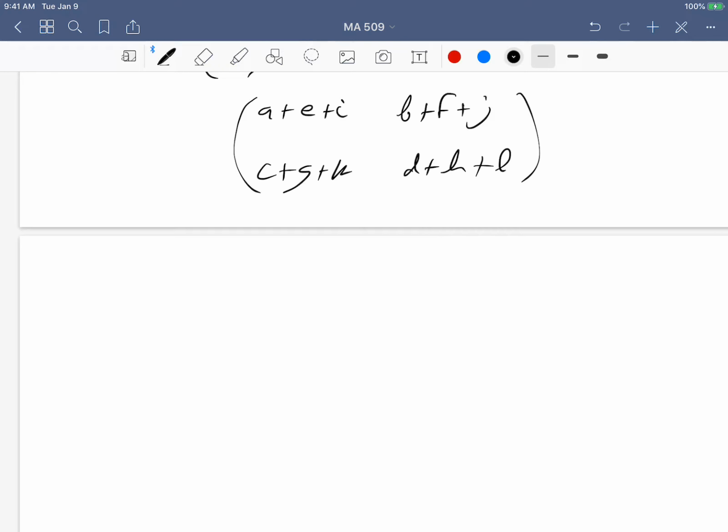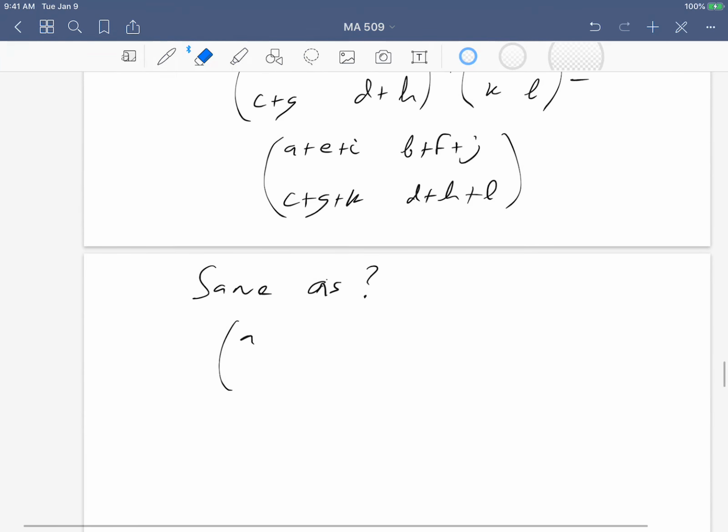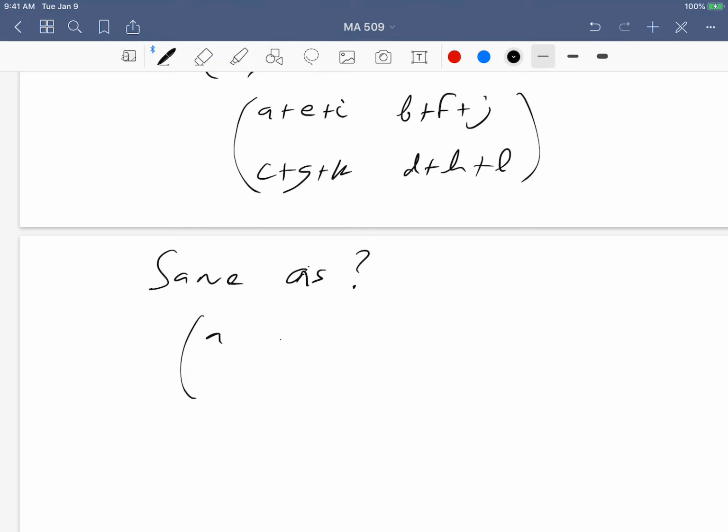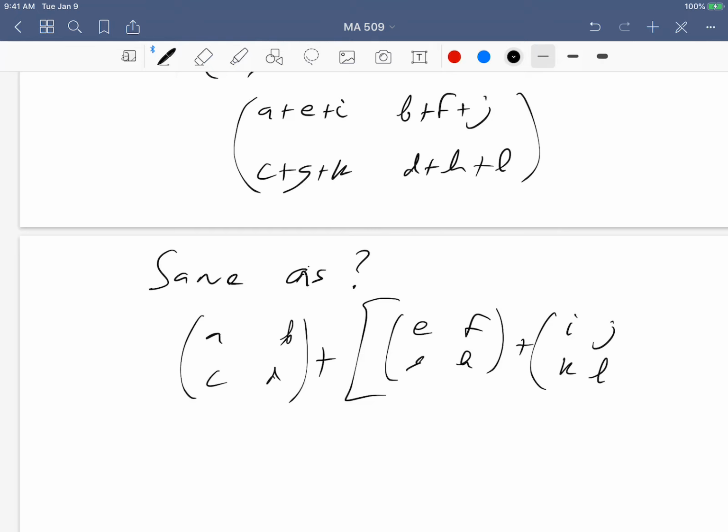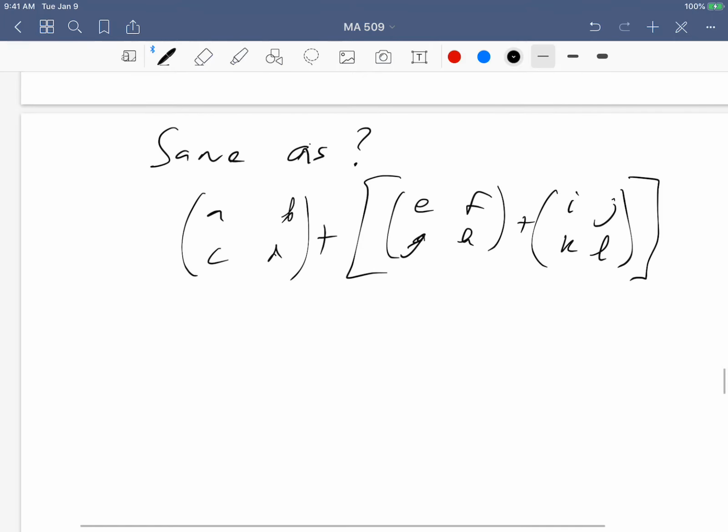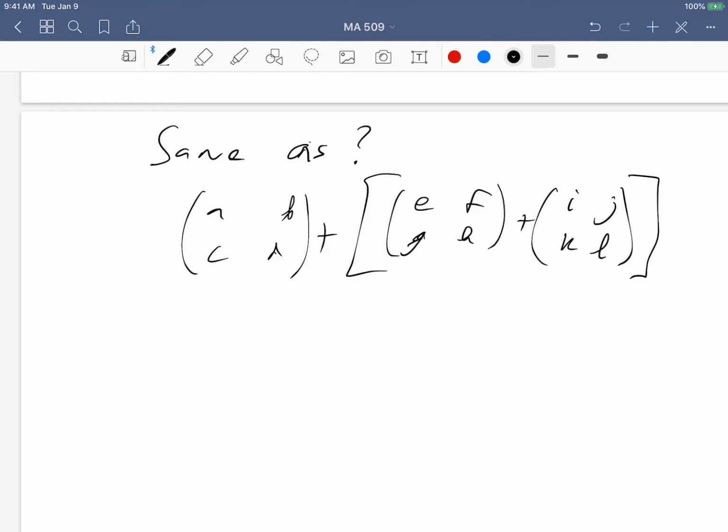And then we want to compare that to, so what we're looking at, is this the same as if I did A, B, C, D plus the sum of E, F, G, H, and I, J, K, L, where this time I do that sum of the second 2 matrices first.